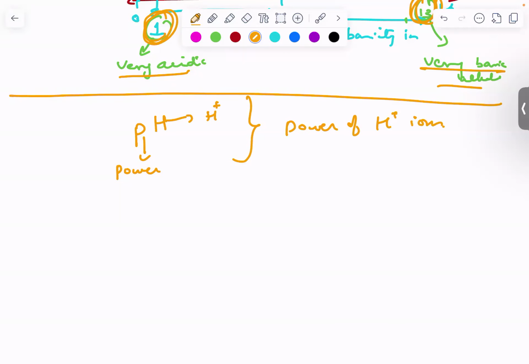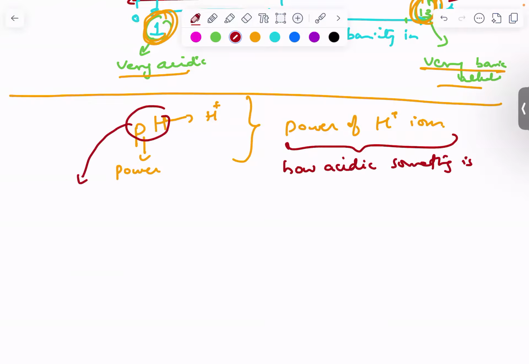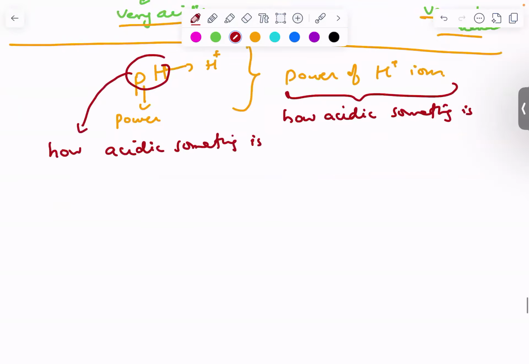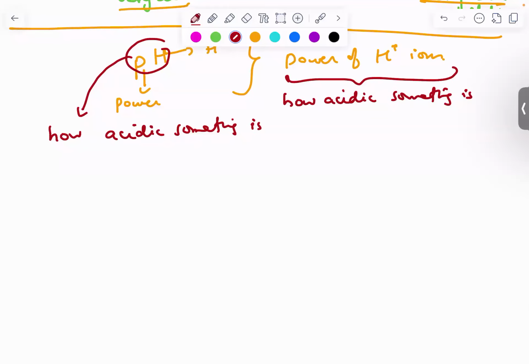So when I say power of hydrogen ions, we are talking in terms of how acidic something is. So actually, pH tells us how acidic something is. So this is for acidic things. For basic things, I don't know whether it's in your syllabus or not, but I'm telling you because it will make your work very easy.